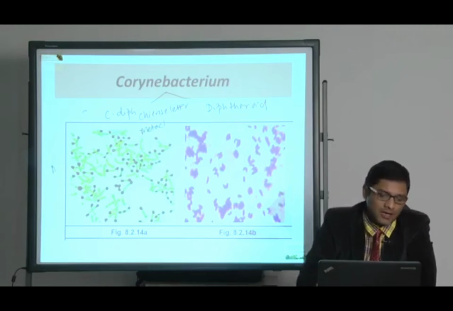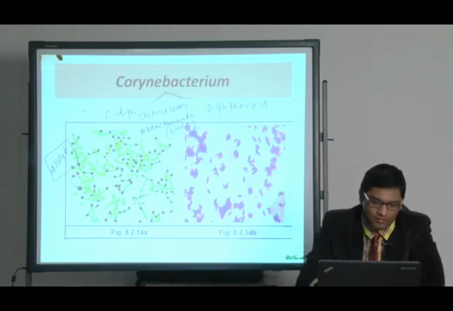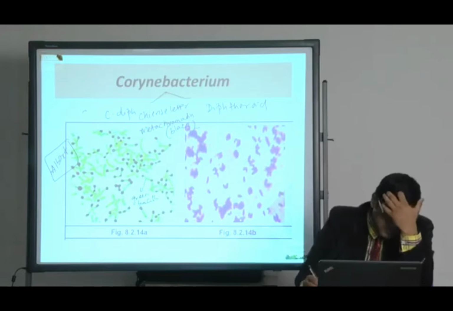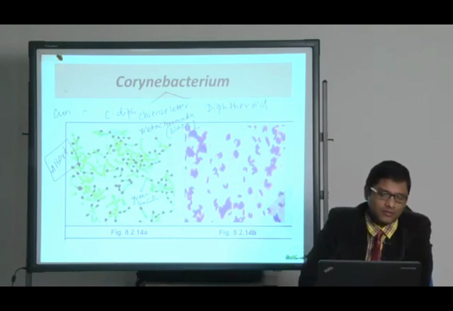This picture is Albert stain. In Albert stain, metachromatic granules appear as bluish black granules and green bacilli, and they are arranged in Chinese letter or cuneiform arrangement.